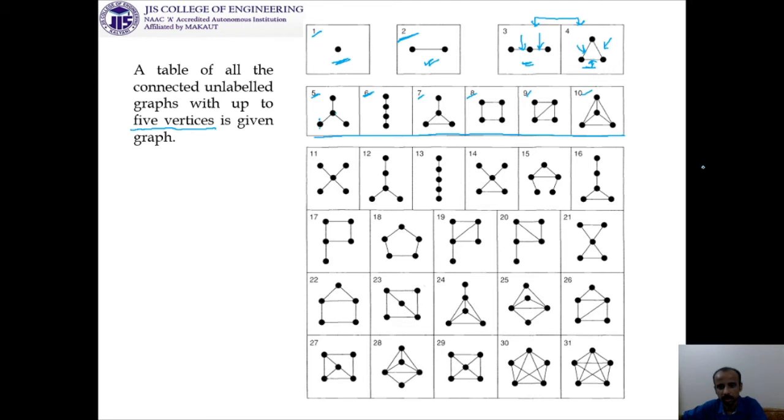You stop here where the graph is a complete graph with 4 vertices. Now it is your job to observe this very cautiously, and if you have any question, you can post it to us. With 5 vertices, you can count 1, 2, 3, 4, 5, 6, and in this way gradually you make it complete when you have the complete graph with 5 vertices, because after that you can't increase it.